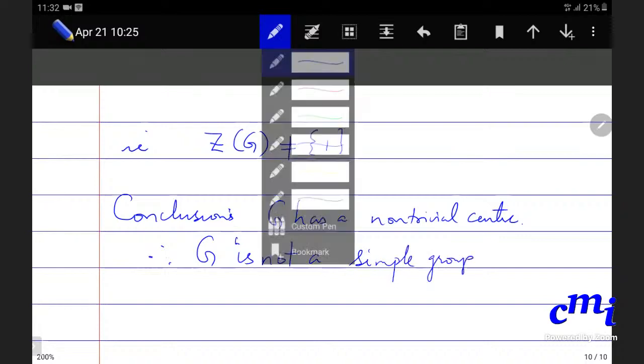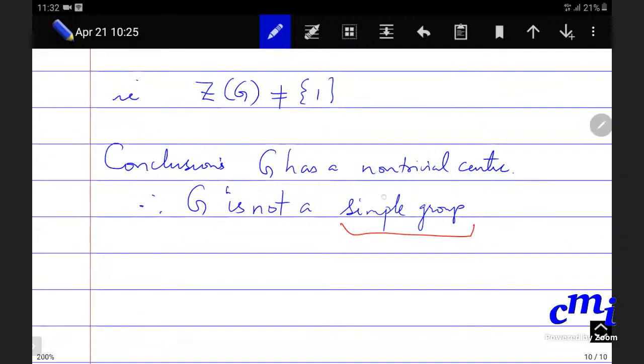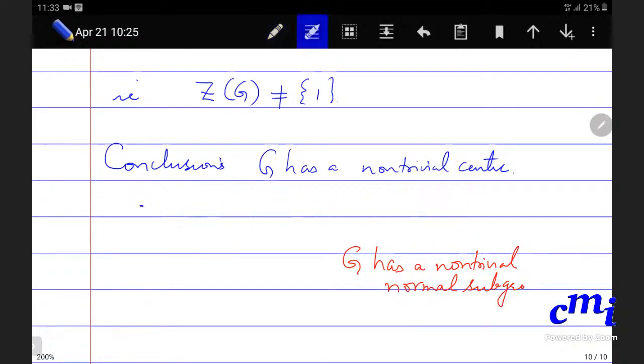As I said, I am not going to elaborate on this point further. That is, G has a non-trivial normal subgroup. Maybe that is not right. If G itself is a cyclic group of order P, this claim is not true.